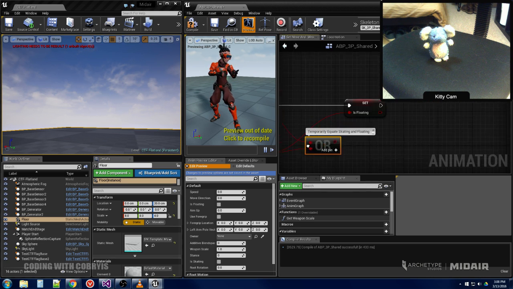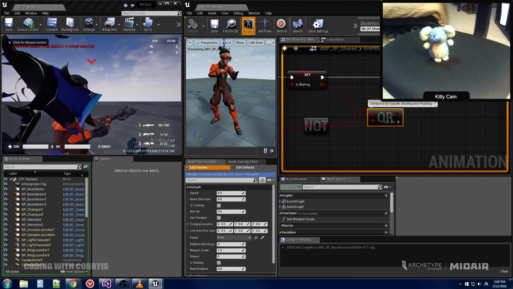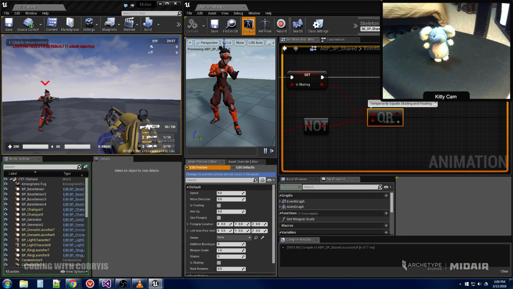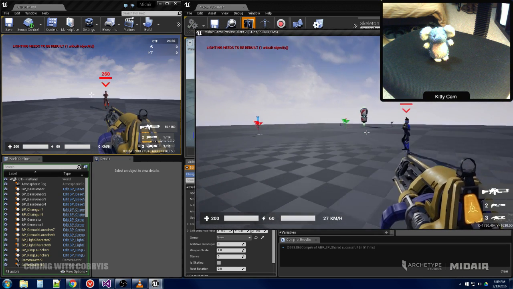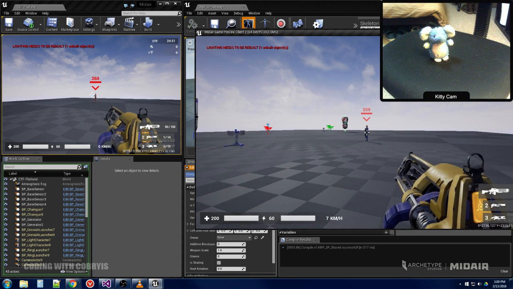Alright, so I've no longer equated skating and floating. Let's compile. Let's test this. Right, so you can't see it, but basically wherever this player right now is facing is not exactly accurate.